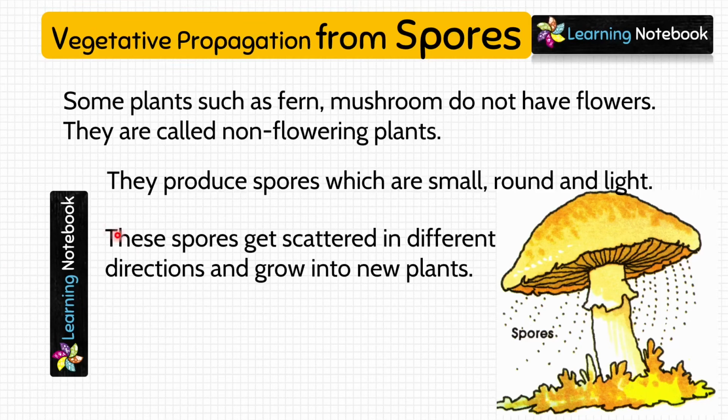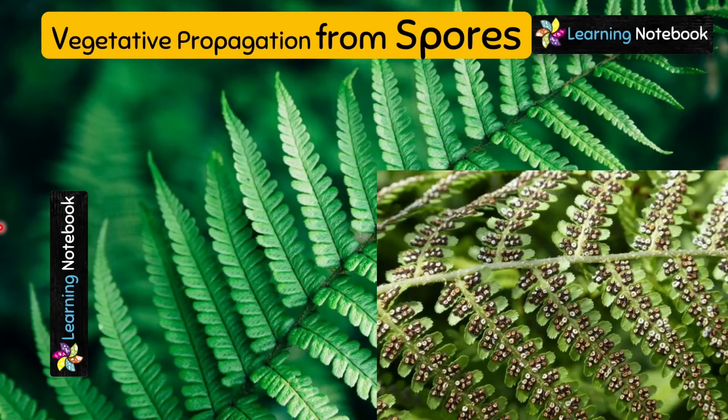Due to this, these spores get scattered in different directions and grow into new plants. So students, plants like fern and mushroom, they reproduce with the help of their spores. Now this is the fern plant and these are the spores of fern plant. So these were the 4 ways of reproduction by vegetative propagation.